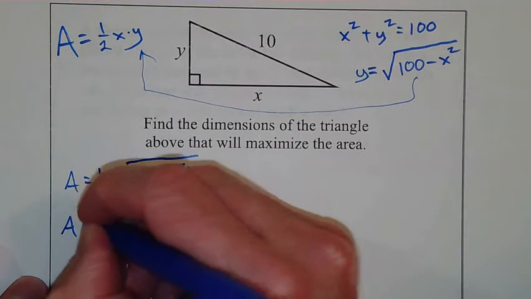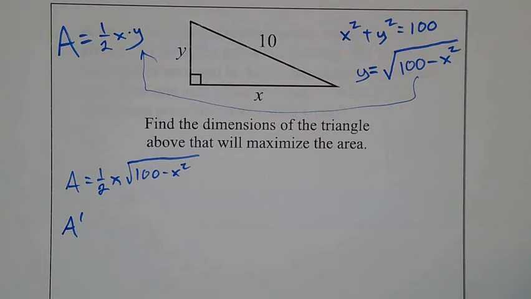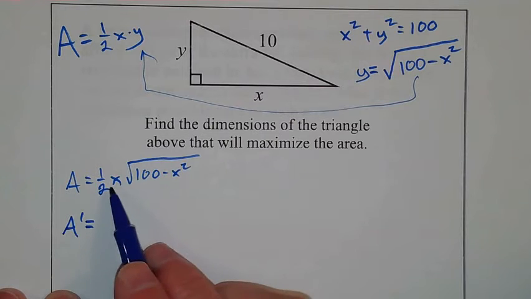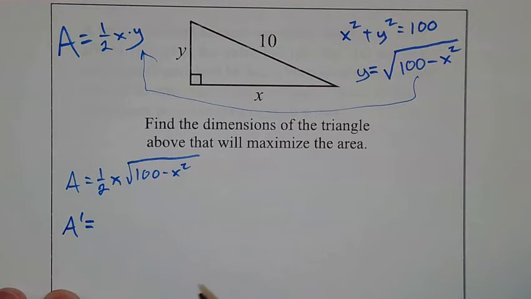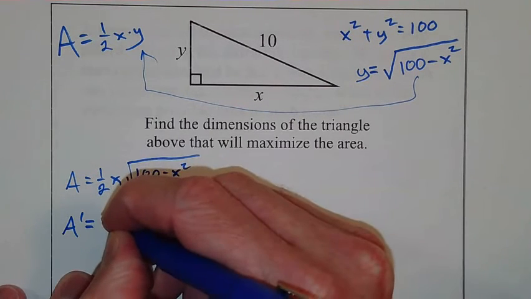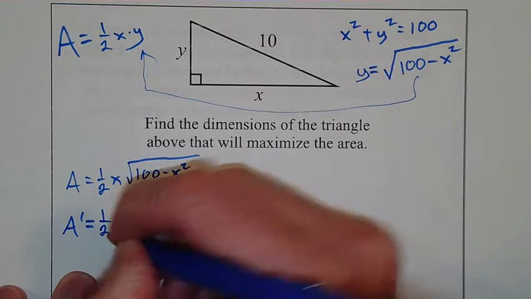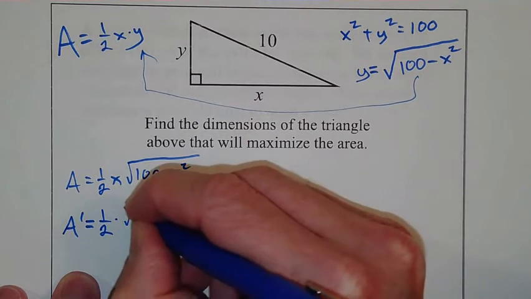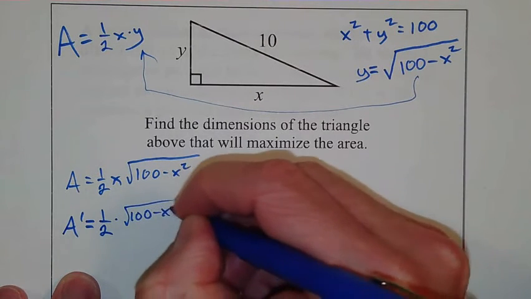In calculus, we're going to differentiate the function. We've got product rule. I've got 1/2 x out here and the square root of 100 minus x squared. So I am going to do the derivative of 1/2 x times the square root of 100 minus x squared.